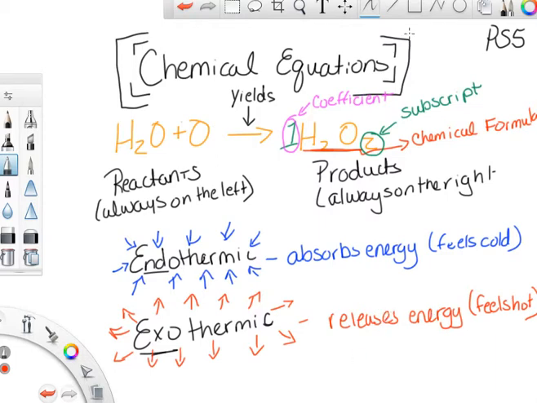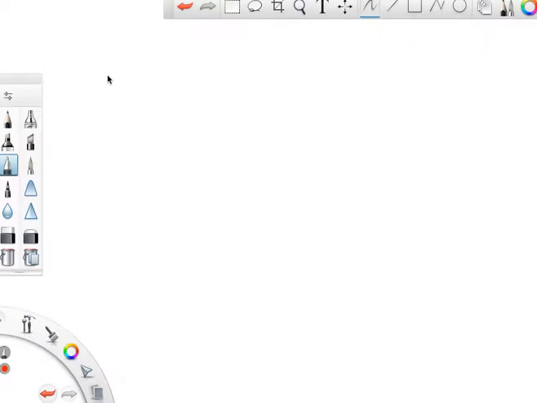So the next type of energy I want to discuss is going to take the second half of your page, and this is going to be nuclear energy. So I'm just going to clear this page out, and we're going to talk about nuclear energy.